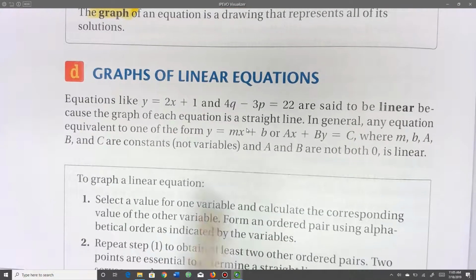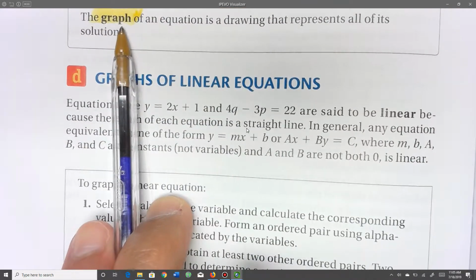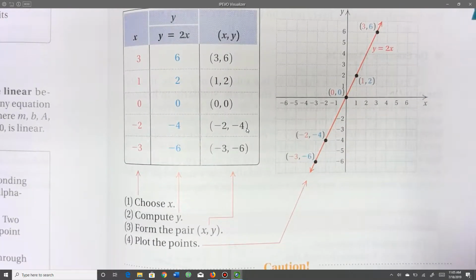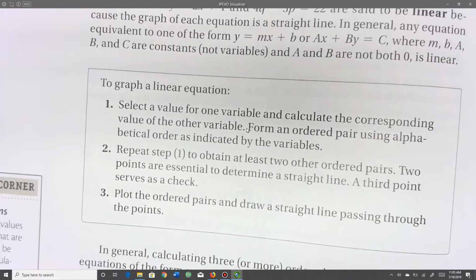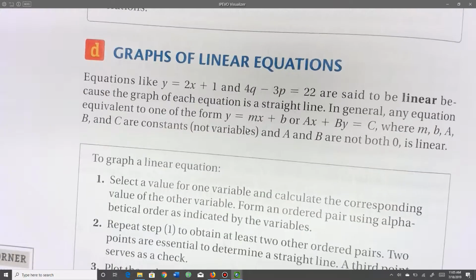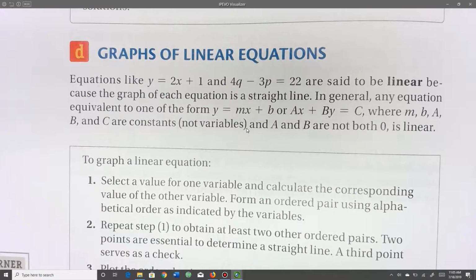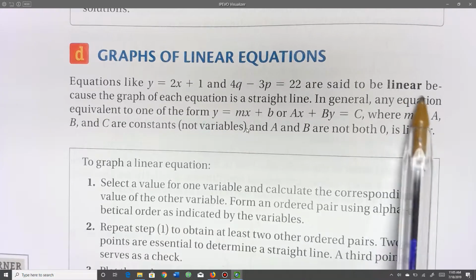When we're talking about a graph, it doesn't just mean graphing it, it means the graph too. So it has two different meanings there. So let's move on. And in this case, they are called linear equations.